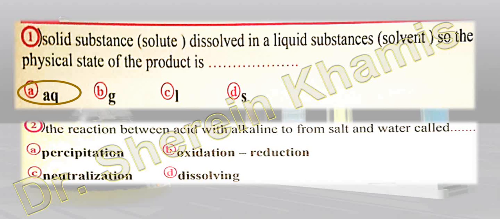Acid and base, or acid and alkaline, form salt and water, so we call this reaction a neutralization reaction, or the new name of it in our book this year, an equilibrium reaction or equilibrium balance. So the reaction will be a neutralization reaction. Okay, we are going to question number 3.